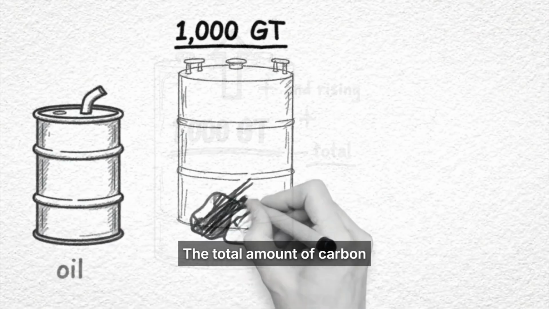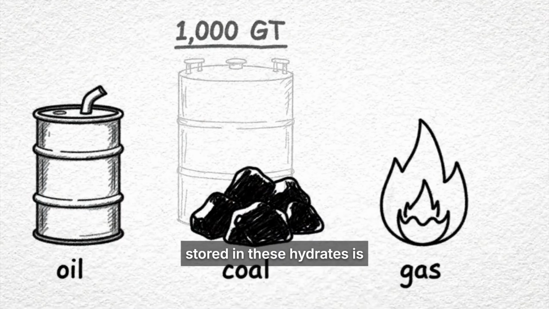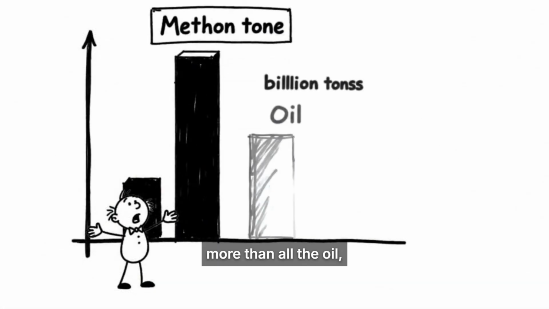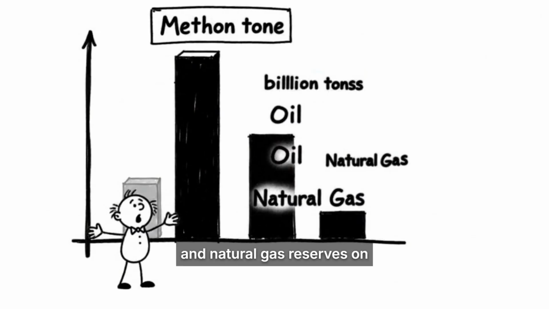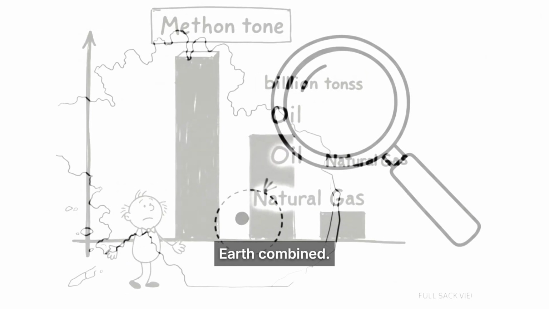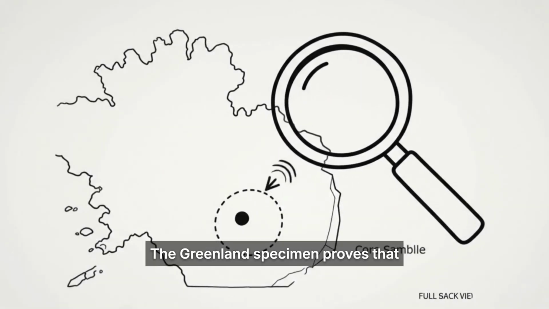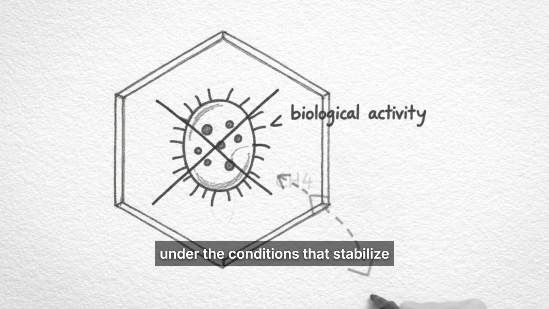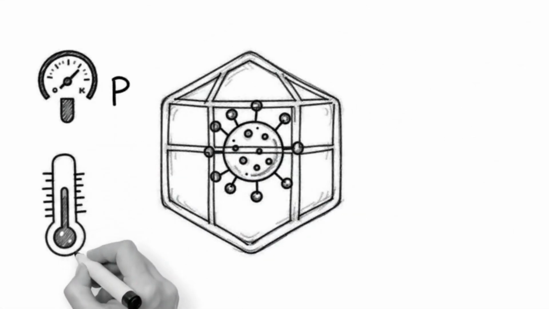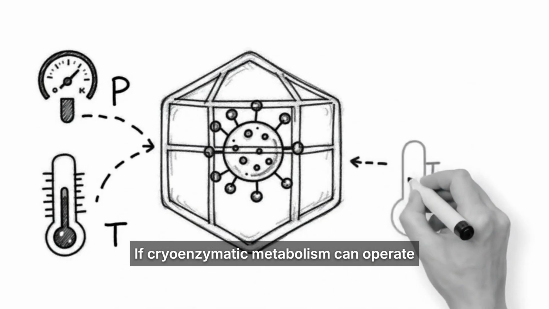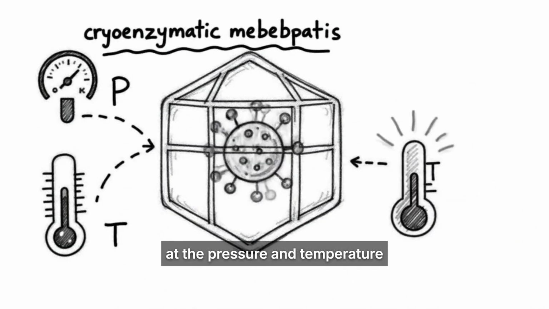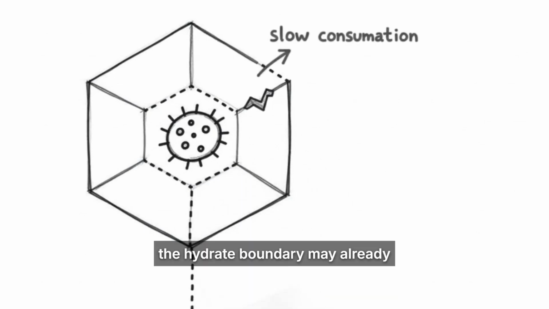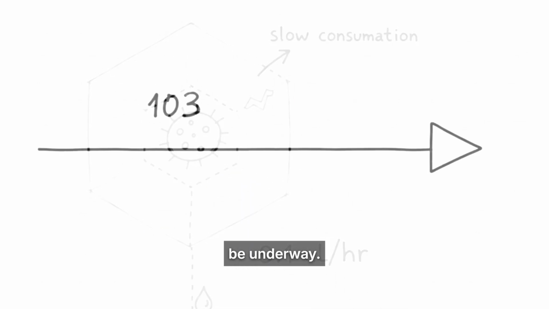The total amount of carbon stored in these hydrates is estimated at roughly 1,000 billion tons, more than all the oil, coal, and natural gas reserves on Earth combined. The Greenland specimen proves that biological activity can occur even under the conditions that stabilize those hydrates. If cryoenzymatic metabolism can operate at the pressure and temperature that exist at that depth, then the slow consumption of the hydrate boundary may already be underway.